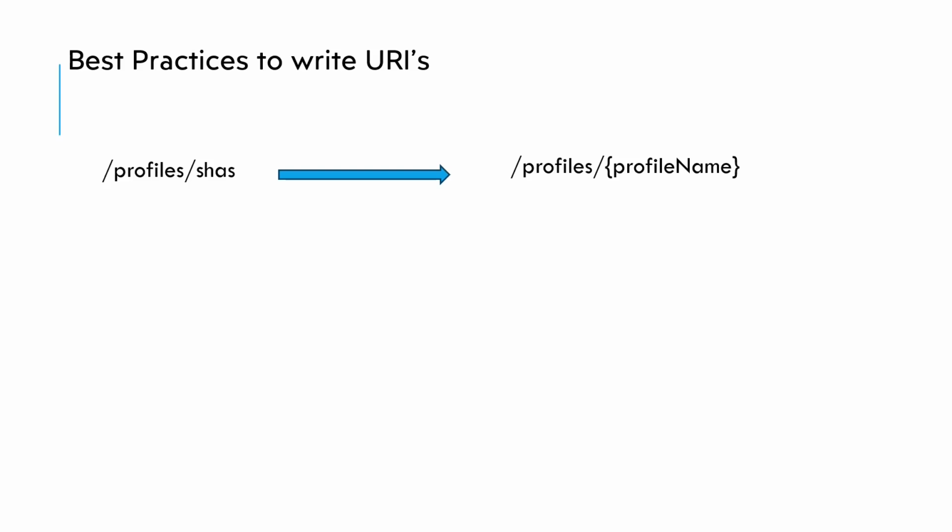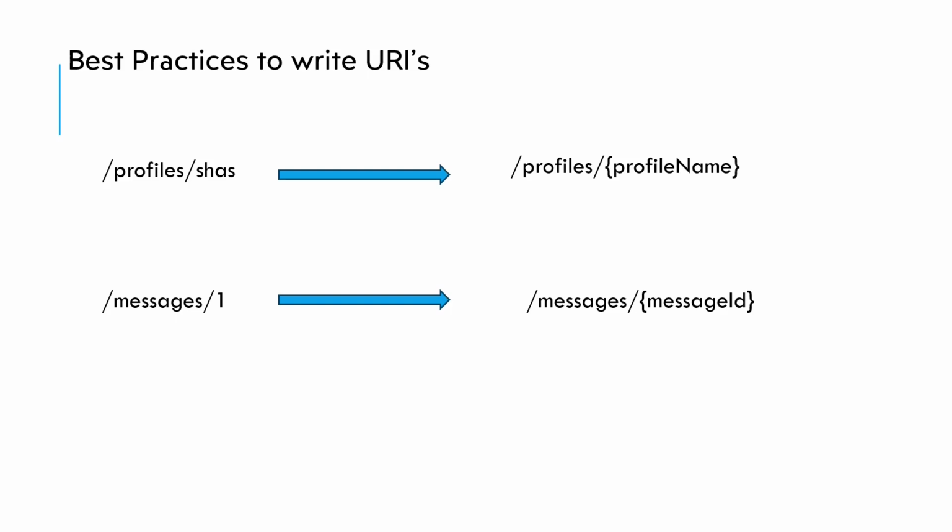This is how you can define this URL. And for example, if you have messages and you want to retrieve a particular message, suppose message ID 1, you will write /messages/1. Similarly, in a generic sense, we'll have /messages/messageID in variable form.